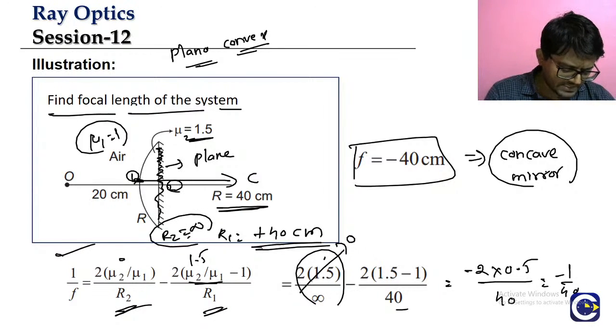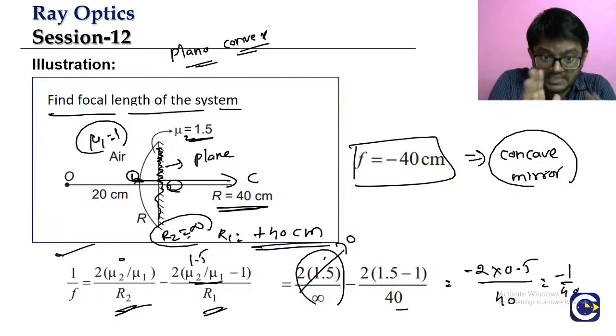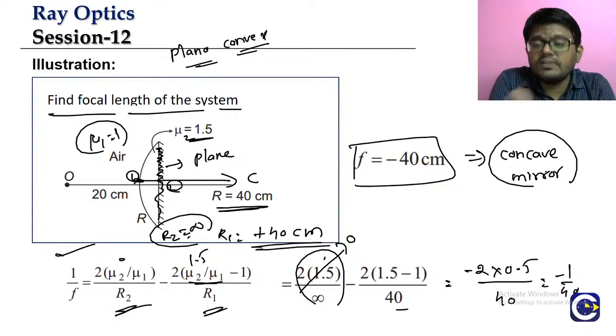So this is the equation that we need to keep in mind. 1 by f is equal to 2 times mu 2 by mu 1 divided by R2 minus (2 times mu 2 by mu 1 minus 1) divided by R1. In this, from case to case, the curvature values will change.